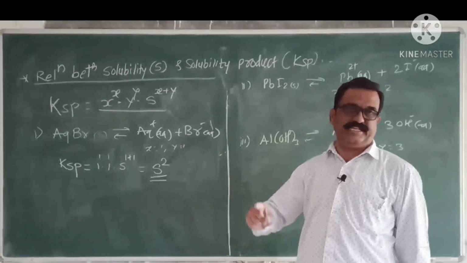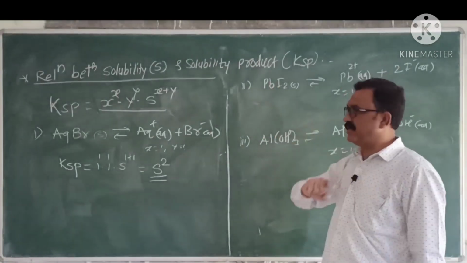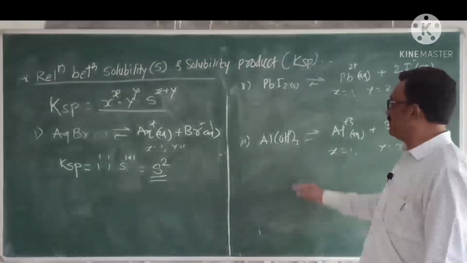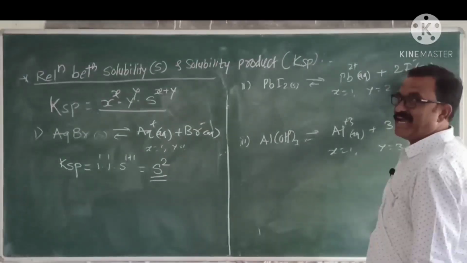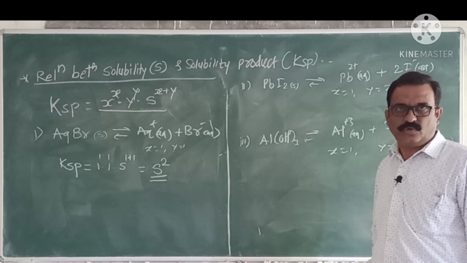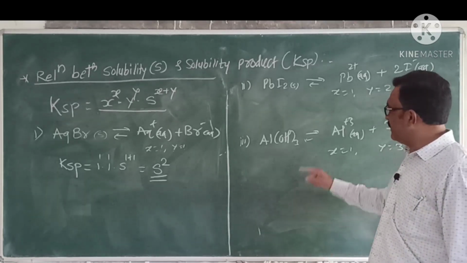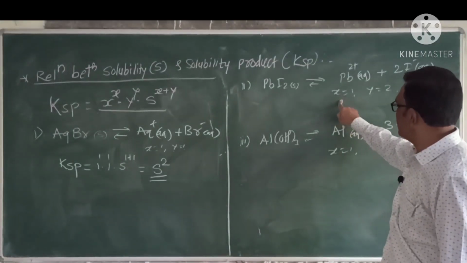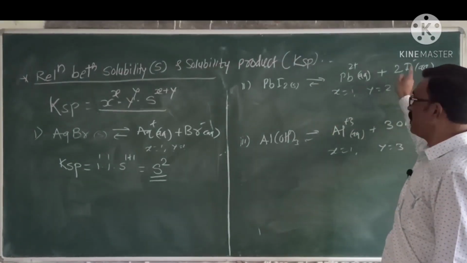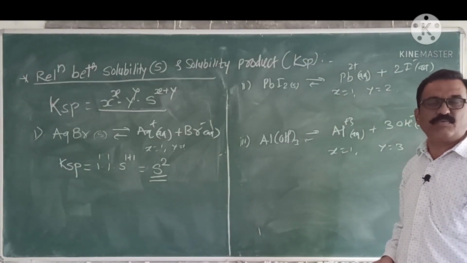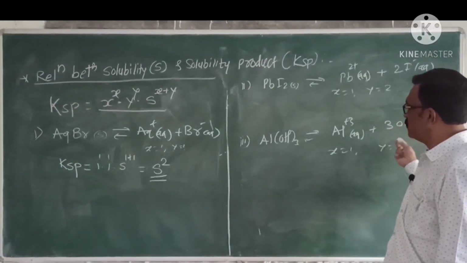Second example, lead iodide PbI2, gives Pb2+ plus 2I-. Here the coefficient of Pb2+ is equal to 1, X is equal to 1, while the coefficient of the iodide ion is equal to 2, Y is equal to 2.